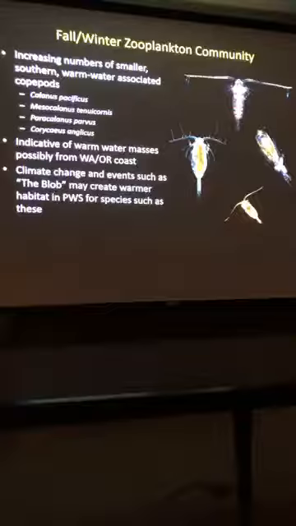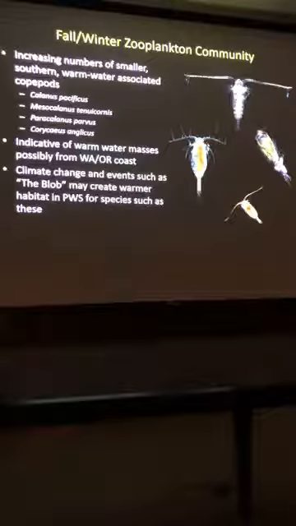But we're definitely seeing increased numbers of these small little copepods, and these include things like Calanus pacificus, Mesocalanus tenuicornis, a bunch of other Latin names, and this guy right here, Corycaeus anglicus, and I'm going to talk about him in a little bit because he's very interesting.